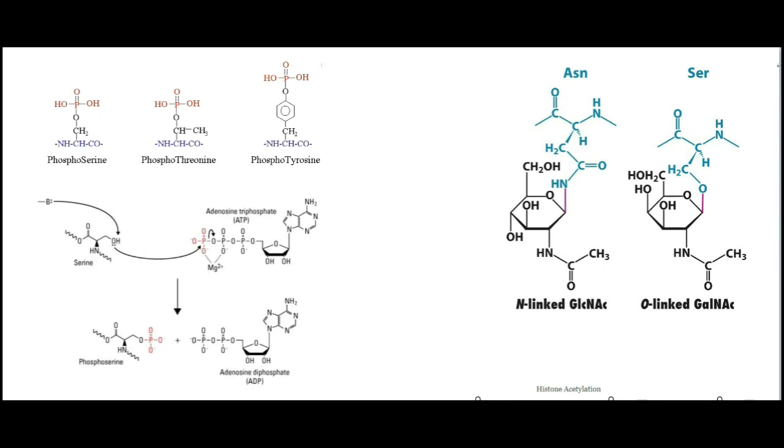One more thing I want to cover for amino acids is some of the modifications we can make to them. So the most important one that we need to know about is phosphorylation, and that's just adding a phosphate group.